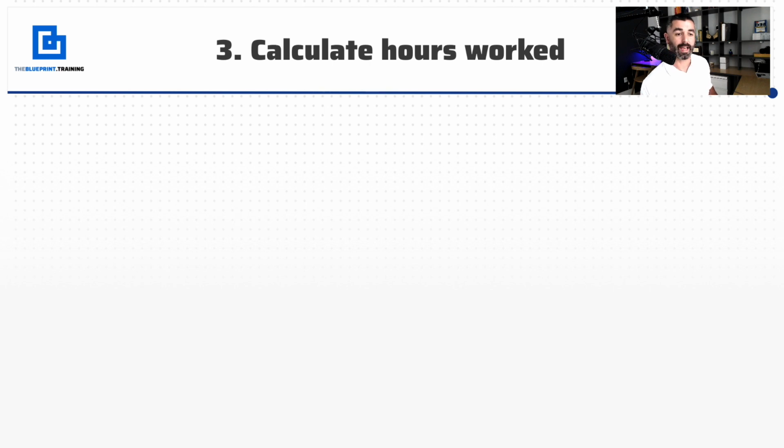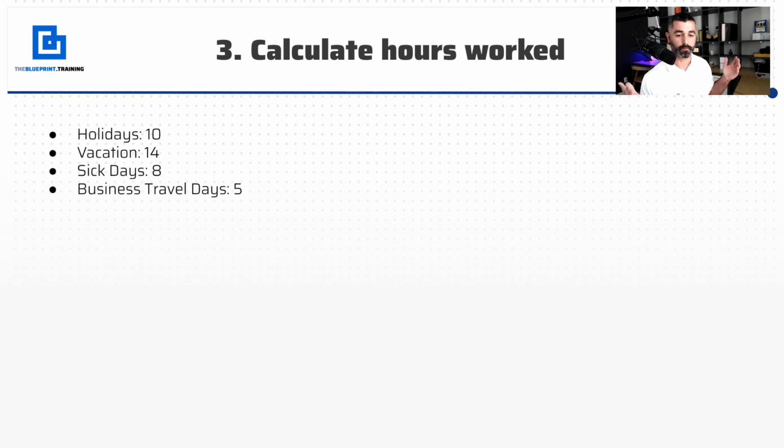This is probably the most time-intensive part, but don't worry, we took care of all these calculations for you: understanding the number of hours that work, because your employees, even if they're 1099s, are not going to be working 40 hours a week every single week. They're going to have holidays, vacation, sick days, potentially travel days, whatever kind of perks and benefits that you give your people. We actually give them unlimited time off. They can take off whenever they want, but this actually comes out to about the average per year that people take off.